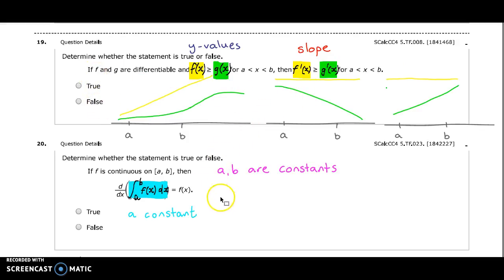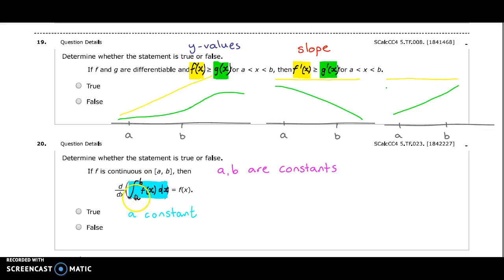And then finally, if we've got a continuous function, and I want to differentiate the integral of a function, do I just get the function over there? Does the integration undo the differentiation? The terms and conditions that apply here are that your endpoints should be variable.